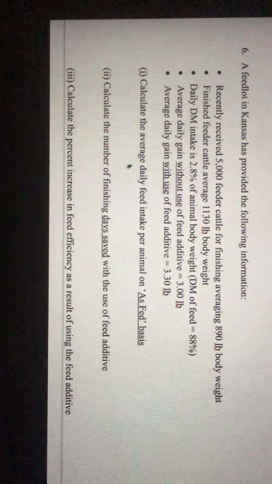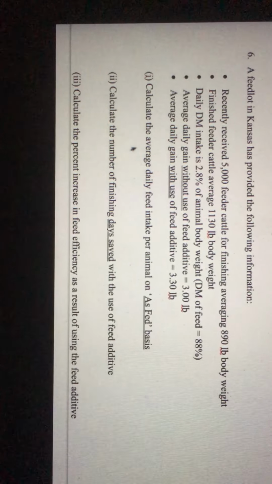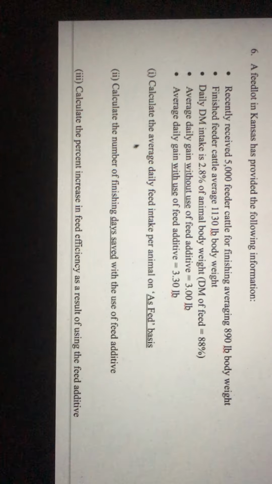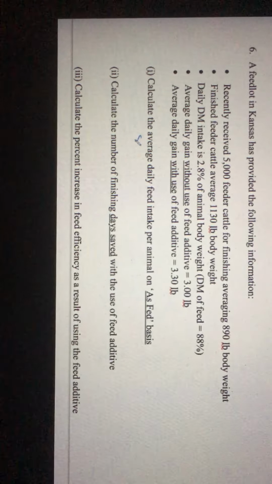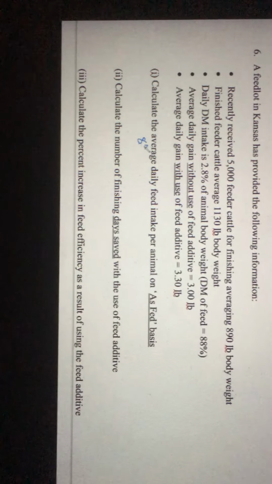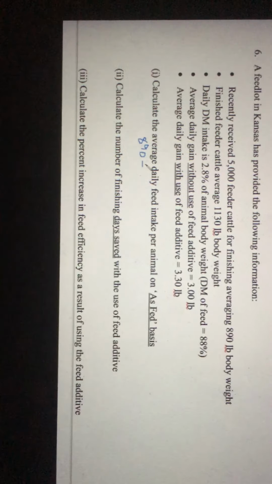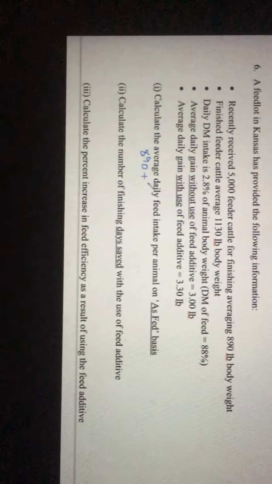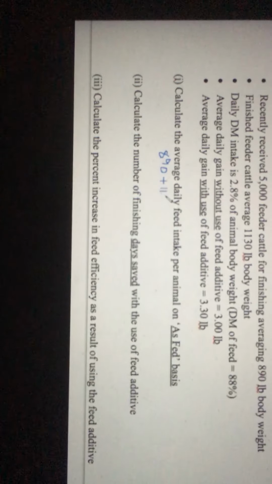So here, the first thing you need to do is the average daily feed intake. You have to know what body weight you are using here. All right? So you take 80-90 plus 1130, divided by 2.